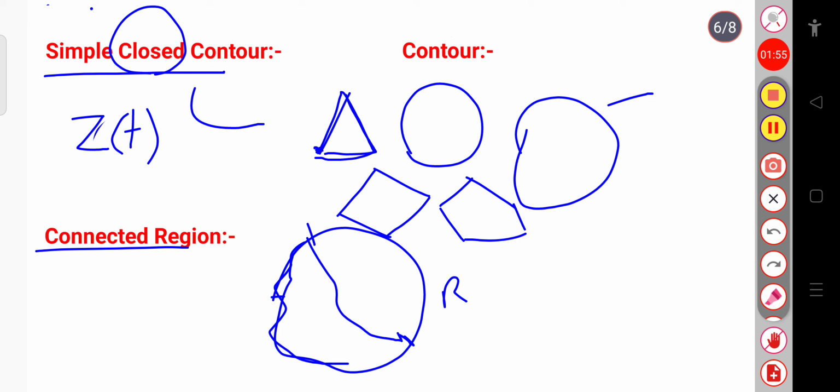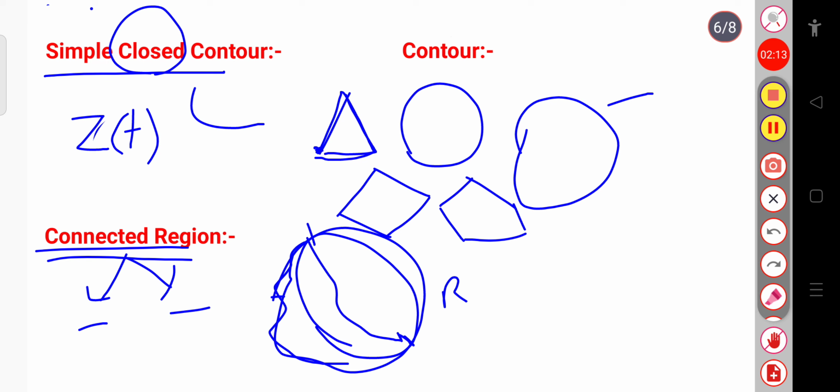Then this will be called a connected region. You can see that this curve which connects the points lies entirely inside that region. That is why it is called a connected region. This connected region is basically of two types: one is simply connected region and the other is multiply connected region.